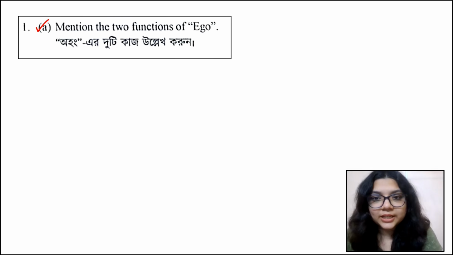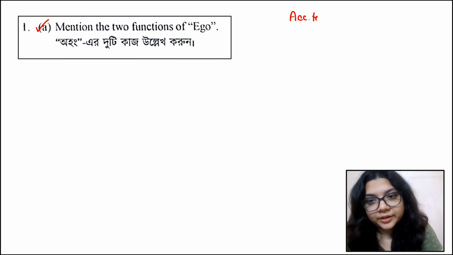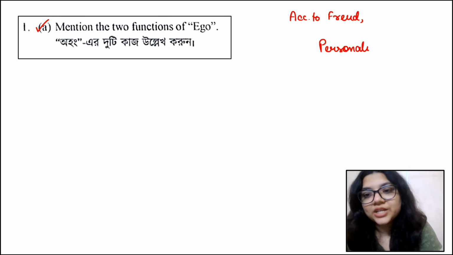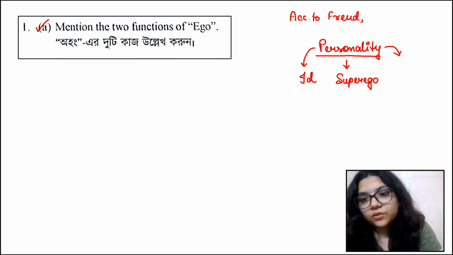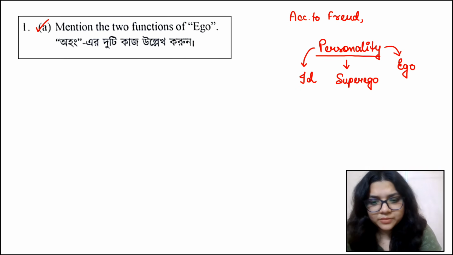The backstory a little bit. According to Freud, he said that if you talk about personality, personality has 3 levels, or rather 3 aspects on which we are working. What is it? One, ID, the other is superego, and the other is ego. Now, let's understand the meaning with simple words.